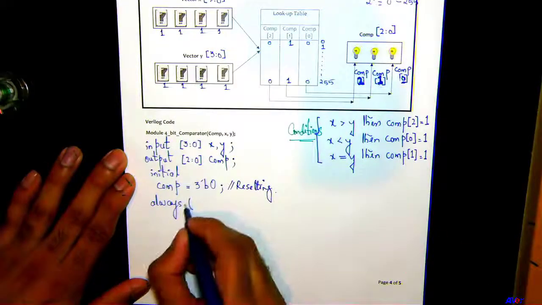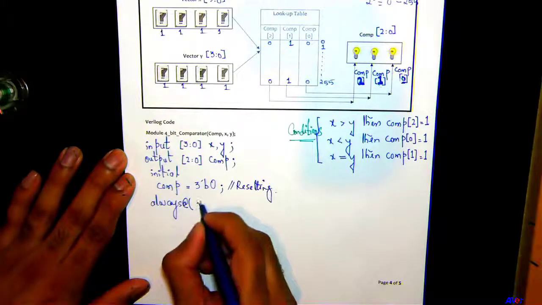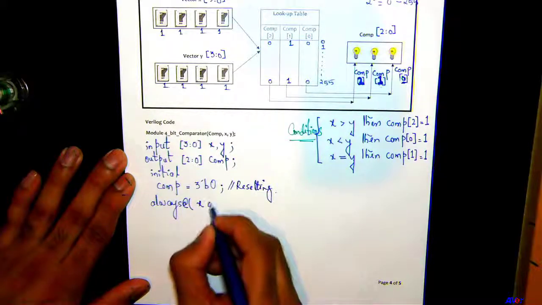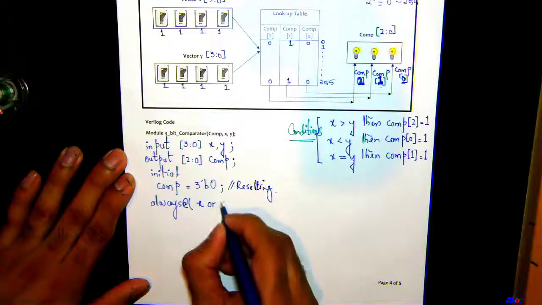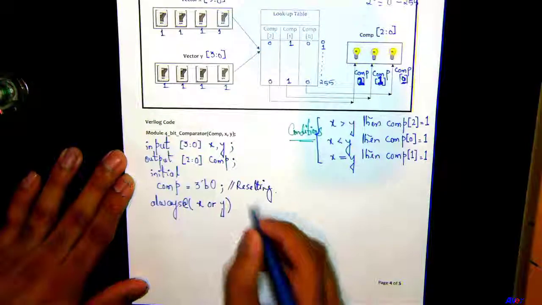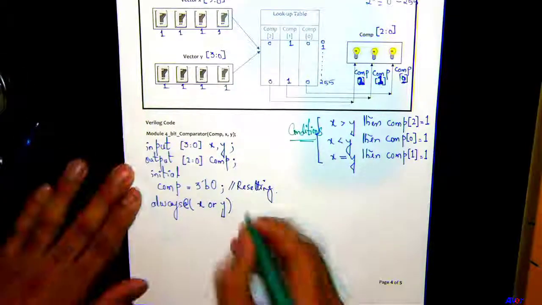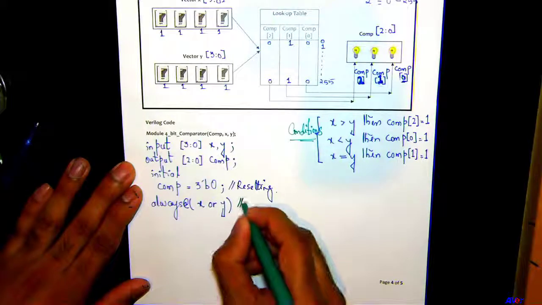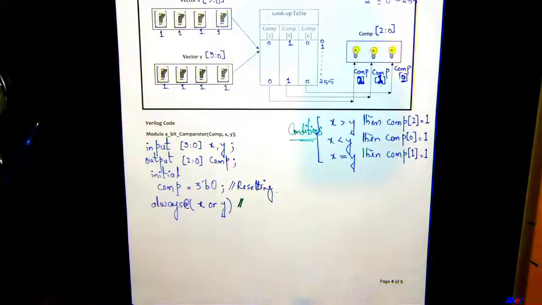Always @ x or y. Okay, what does this mean? Whatever is below this line, that condition is applied only when there's a change in the value of x and y.